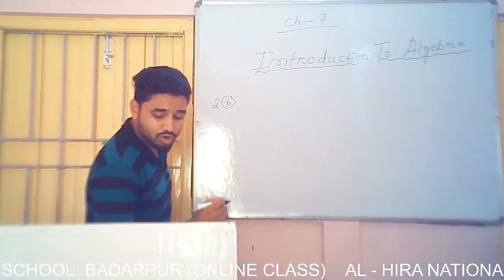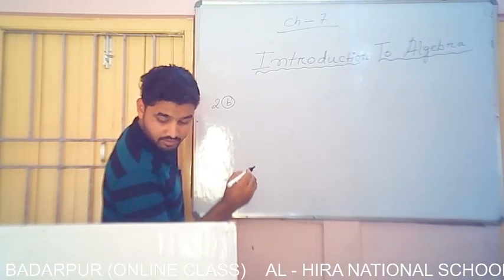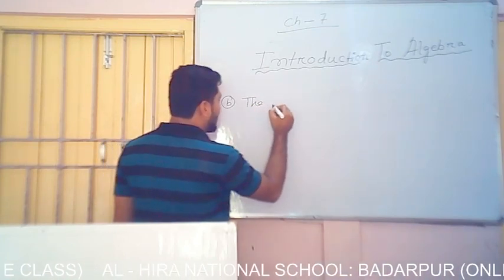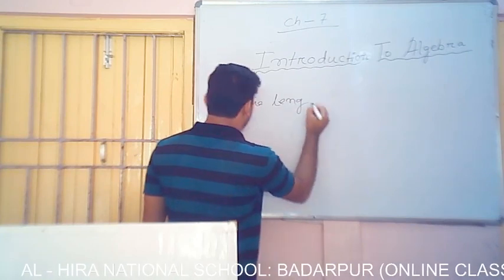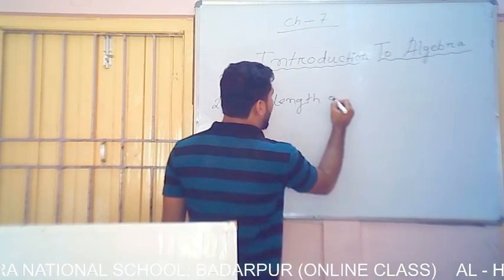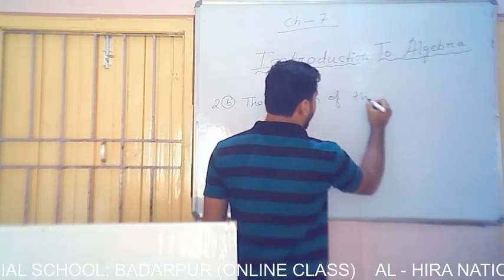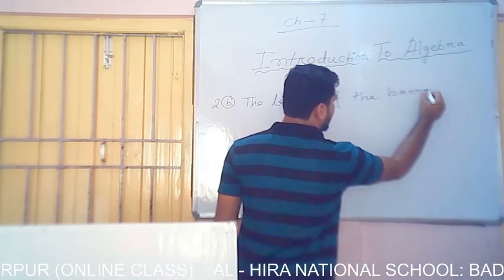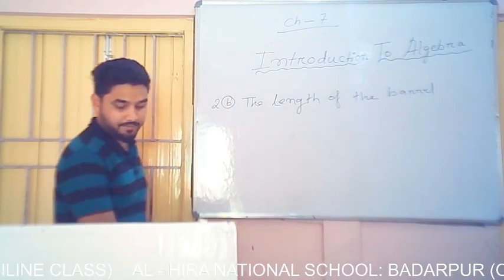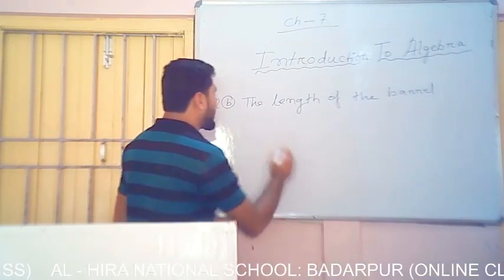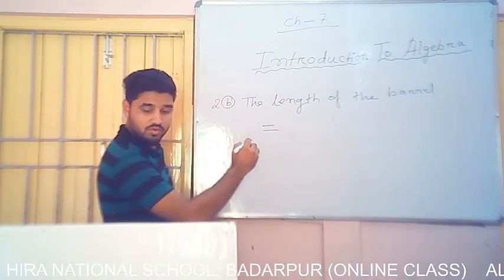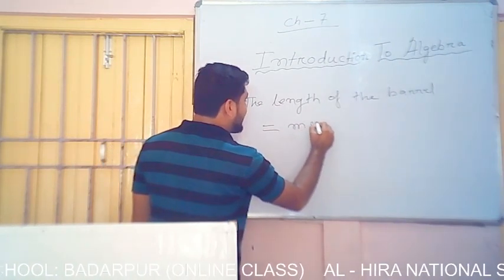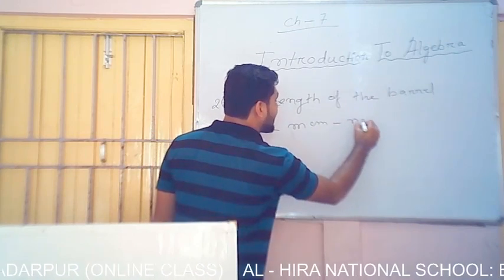So the length of the barrel equals M centimeter minus N centimeter.